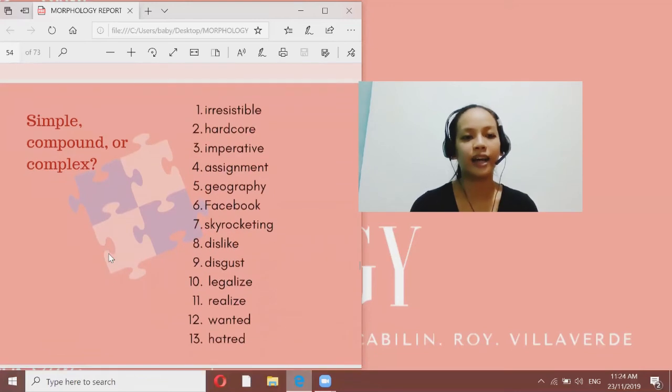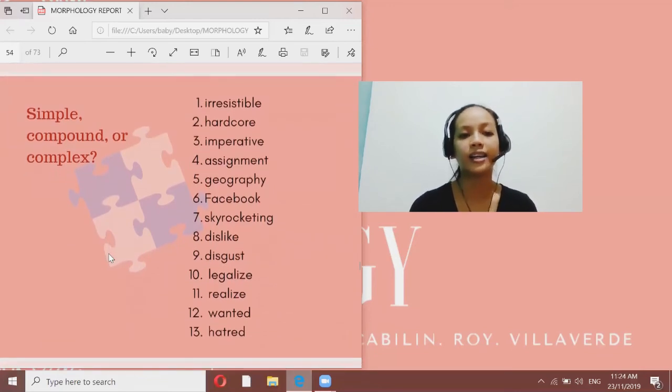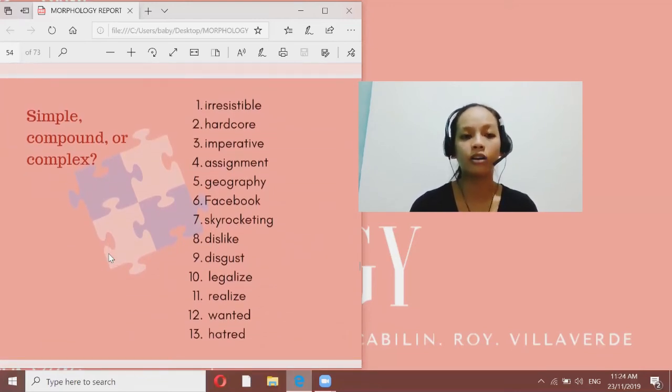Again, let's try to identify if the words here are simple, compound, or complex. Number 1, irresistible. This is a complex word because we have the prefix ir, the free morpheme resist, and then ible.